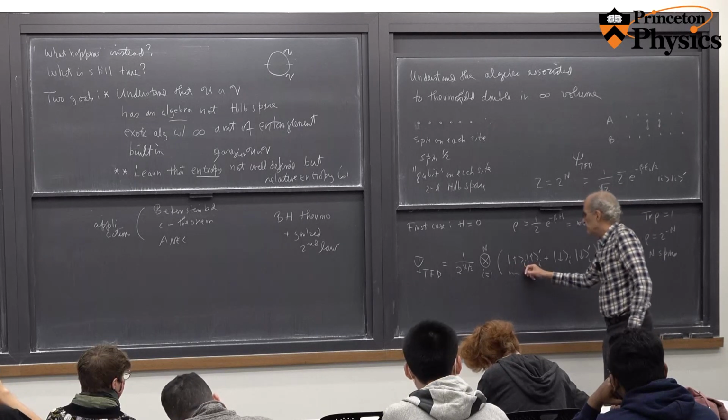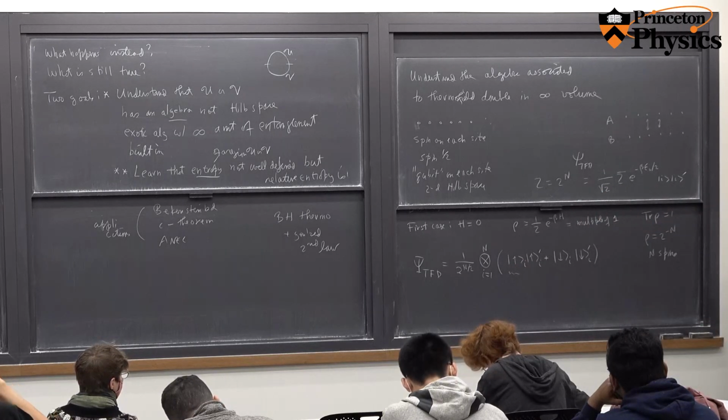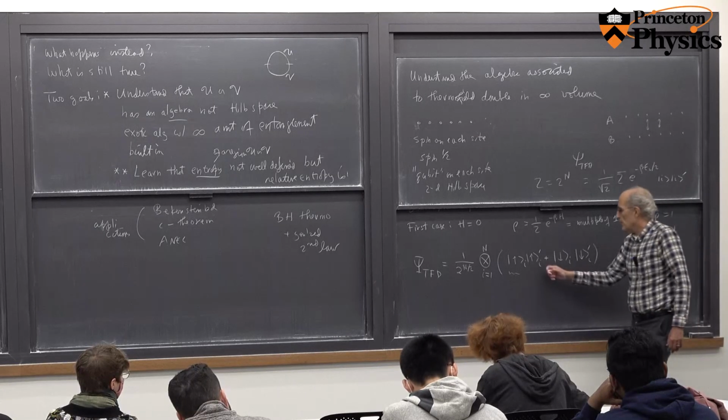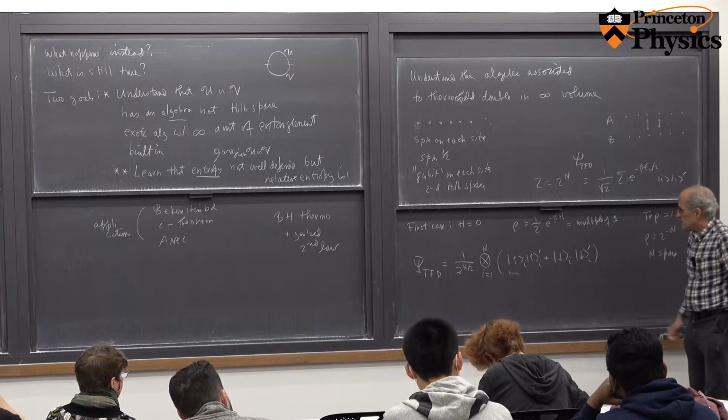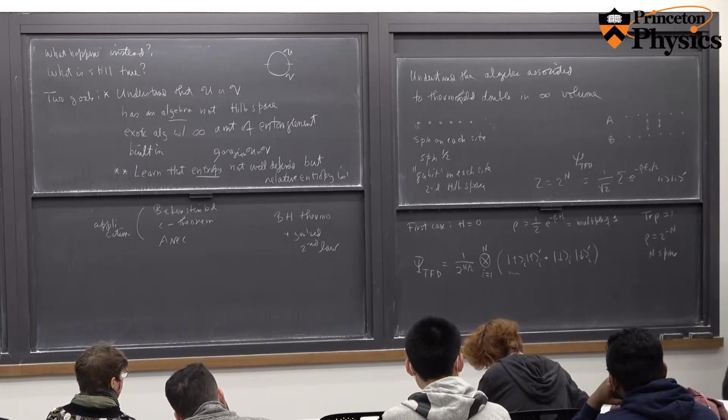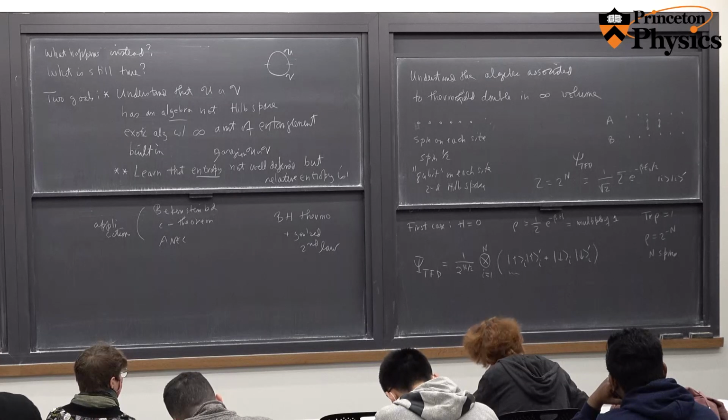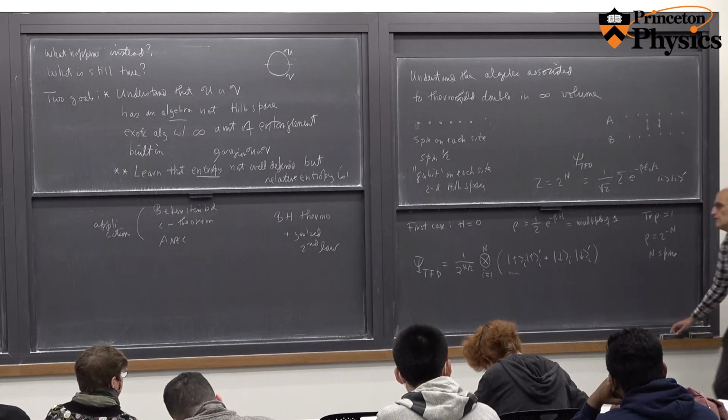This symbol represents the state in which the ith spin of system A is up along the z-axis, say. Here, the ith spin of system B is up, and here the two spins are down. So that's the thermofield double state for a system of n spins when the Hamiltonian is 0.